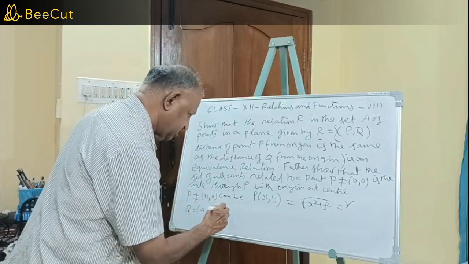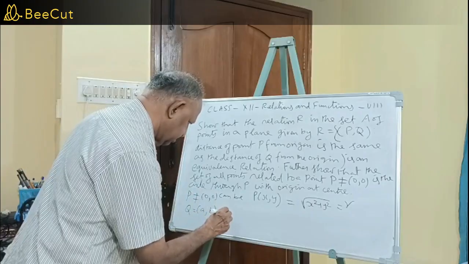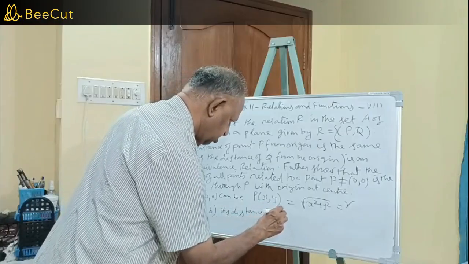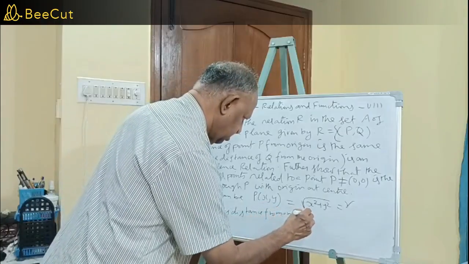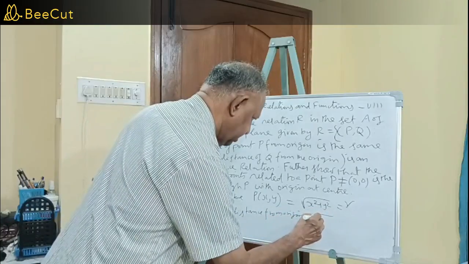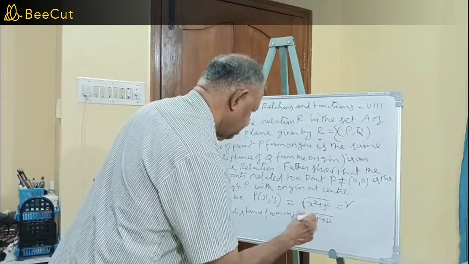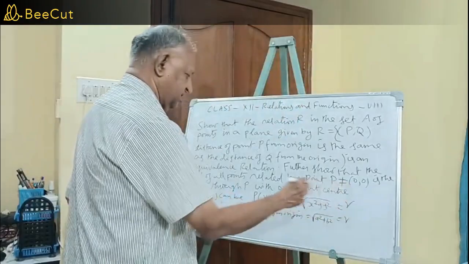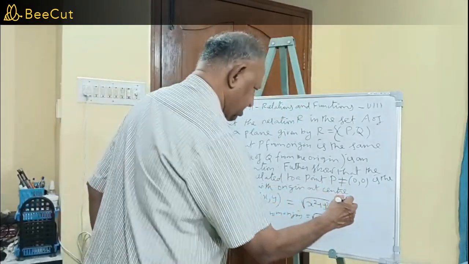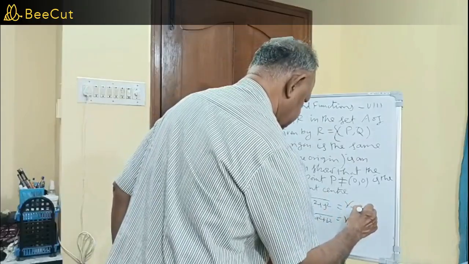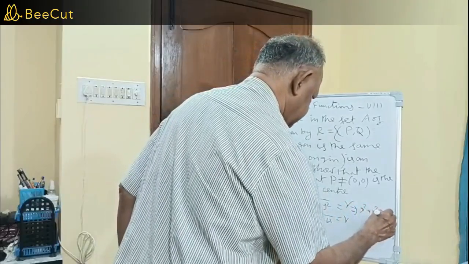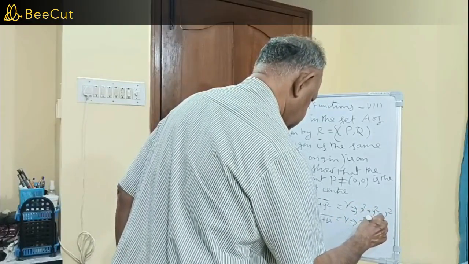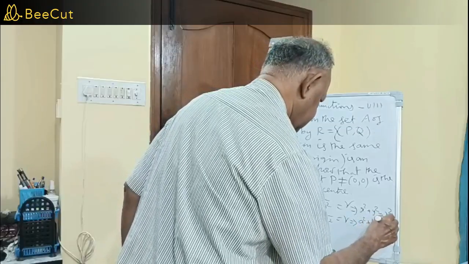So its distance from the origin is equal to square root of a square plus b square. Since the distance from the origin of P and Q are the same, this is also equal to r. If you take these equations, this can be written as x square plus y square is equal to r square, and this can be written as a square plus b square is equal to r square.